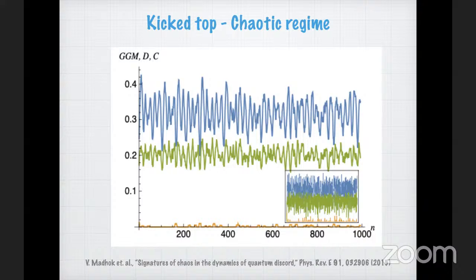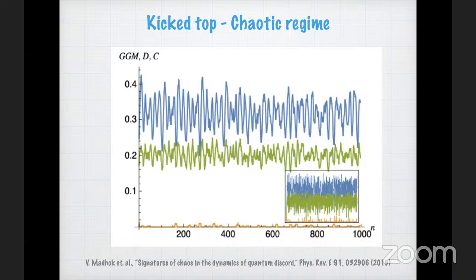GGM is computed for all n qubits, discord for some arbitrarily picked 2-qubit subsystem, and for that same subsystem we also computed the concurrence, just to make sure that the discord we are getting is not just entanglement, because entanglement is in a sense subsumed by discord. When you have finite entanglement, you will always have finite discord, and we wanted to make sure that the non-classical correlation we are finding is not entanglement by also computing an entanglement measure, which is the yellow trace at the very bottom.